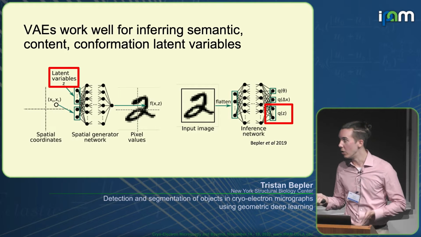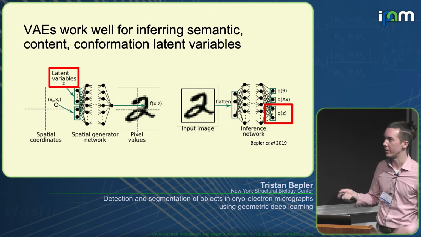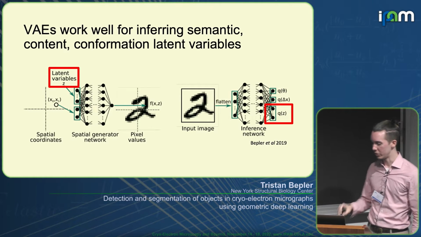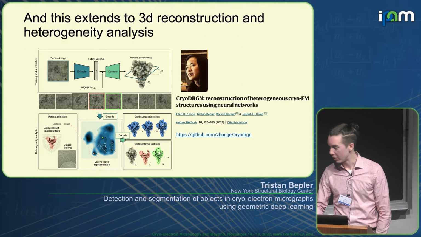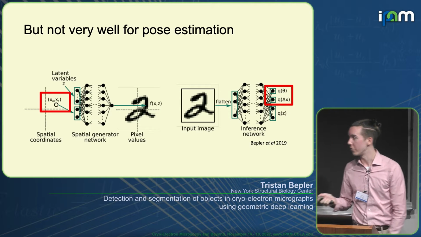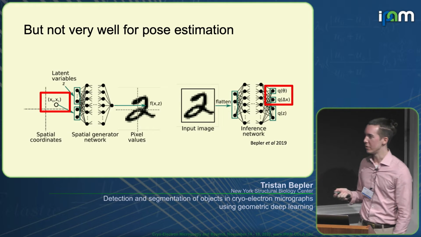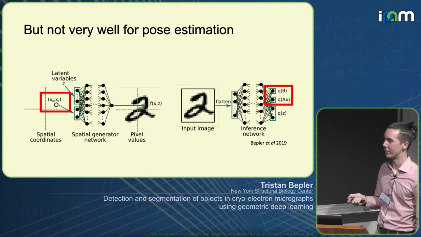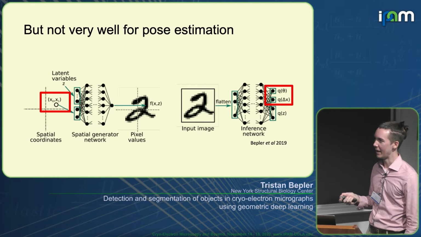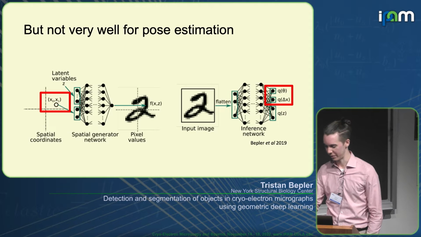So as we know, these VAEs actually work great for inferring the semantic content, right? As you know from CryoDragon and other methods, they work really well for inferring this latent variable. But there's a reason why, until recently, there haven't been good methods for inferring these latent variables, and it's because these networks do not work well for this at all.